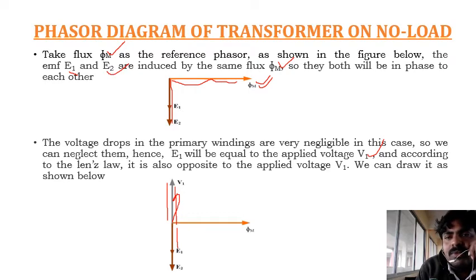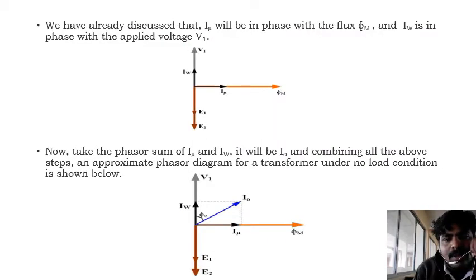Now, we already discussed that I mu will be in phase with the flux phi m. So I mu phasor can be drawn in phase with the flux phi m.